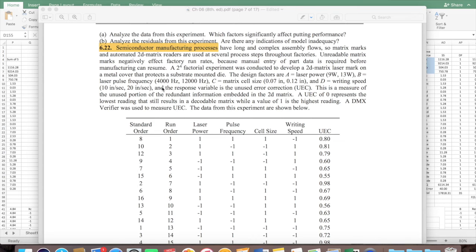Now, according to problem 6.22, a 2 to the 4 factorial experiment was run to observe how this response variable, the USC, responds to changes in laser power, pulse frequency, cell size, and writing speed.